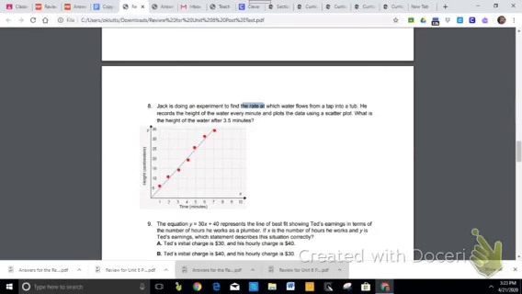Well, here we have time in minutes and height in centimeters. So after 3.5 minutes, we go to 3.5, and we see that it crosses our line about there. Where is about there? Well, about there would be between 15 and 20. Looks like maybe a little closer to 20.